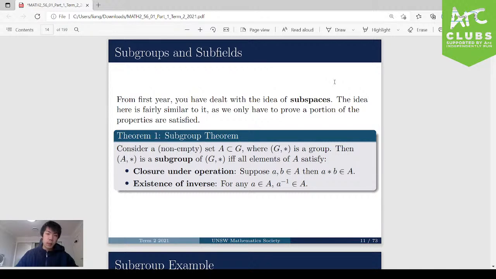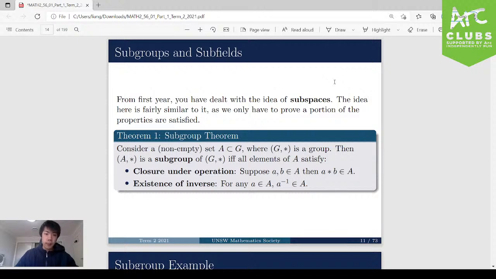So theorem 1, subgroup theorem, says: consider a non-empty set A that is a subset of G, where G under the operation star is a group. Then the group A under the operation star is a subgroup if and only if all elements of A satisfy these 2 conditions. So remember, for groups, you need 4 conditions. To prove something is a subgroup, you only need 2.